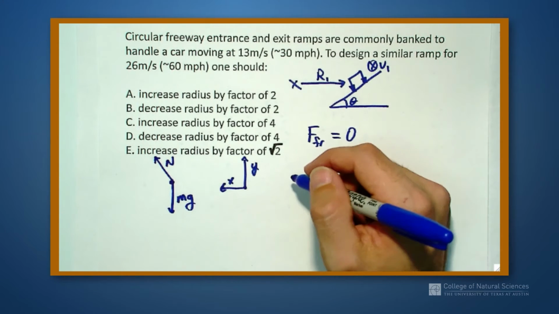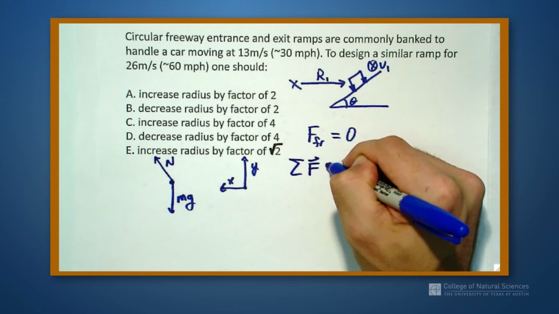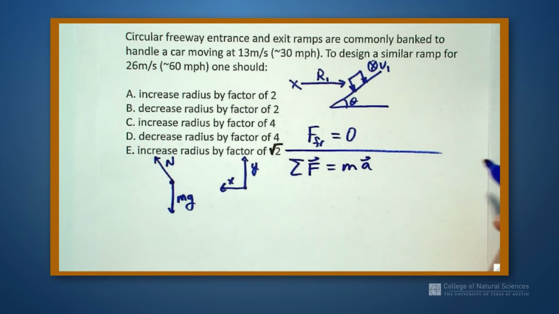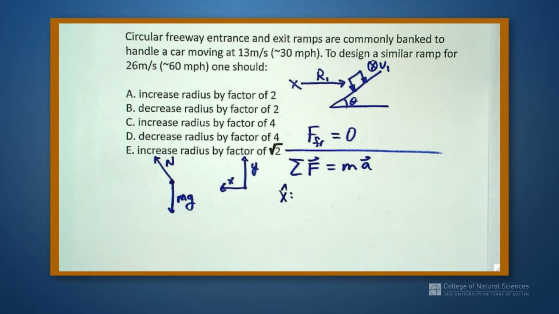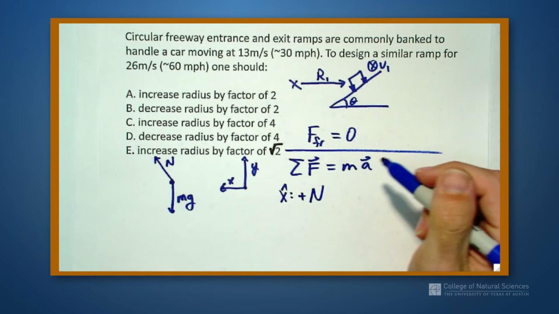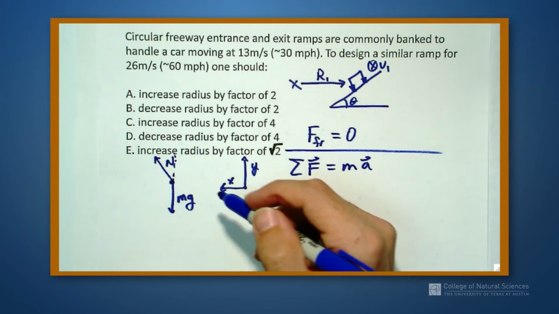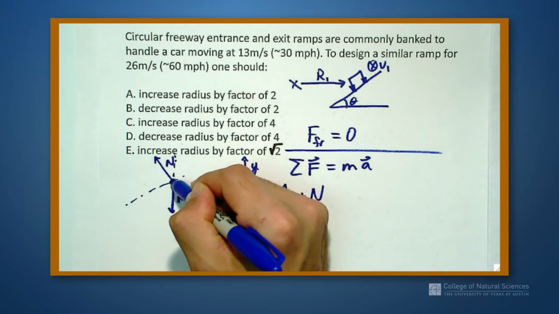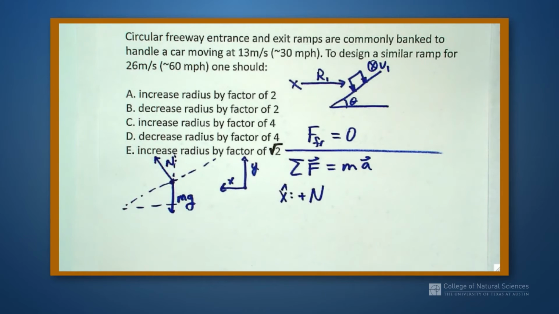So it's going to be a little bit involved, but we know Newton's second law says that mass times our net force is going to give us an acceleration. So I'm going to look in both the x and the y direction. In the x direction, I'm going to see that I have a positive normal force, and I need to know what angle it's at, because I need to know what trig function I'm using. So I'm going to put in a couple different dotted lines just to give me some geometry.